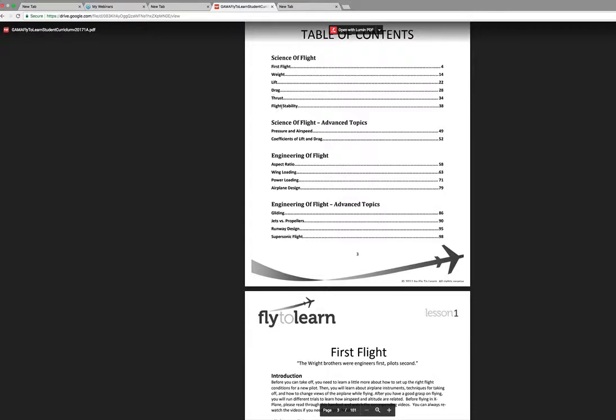There it is. Used to be 6. Gives you an idea. Now it is 6 actually. And pressure and airspeed, like I said, are optional. Engineering of flight is coming up next, and that's really going to get on the engineering method using Plane Maker and everything else.